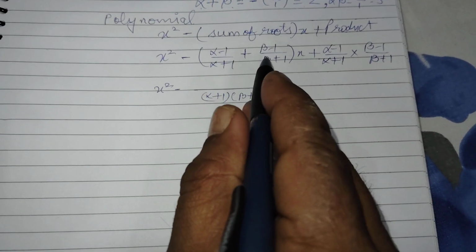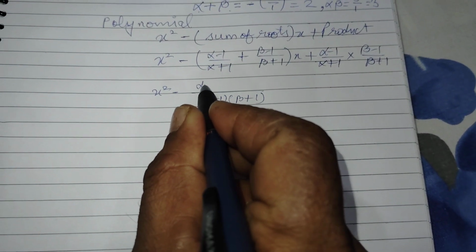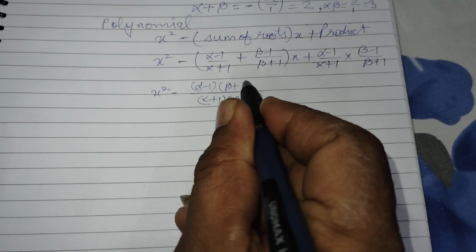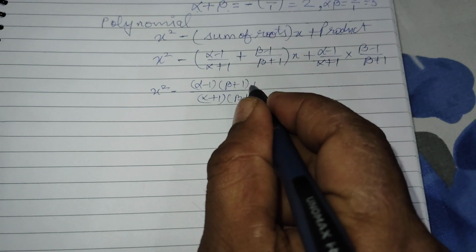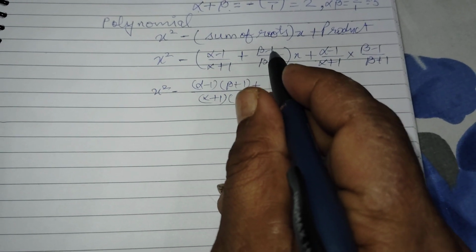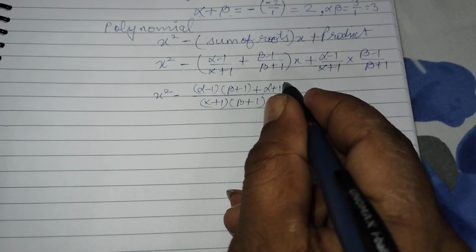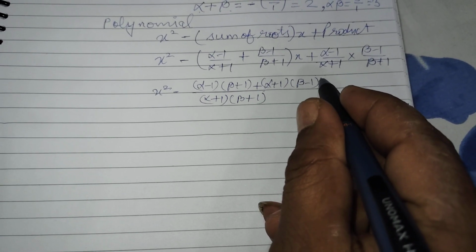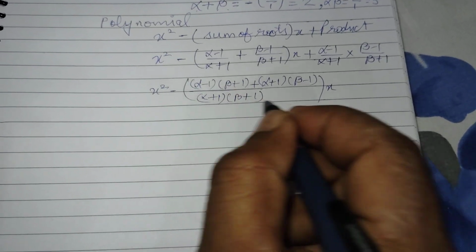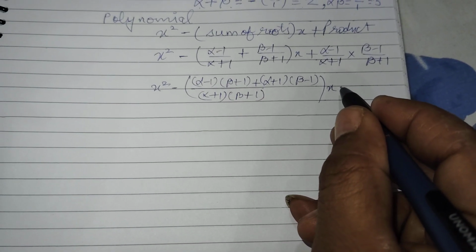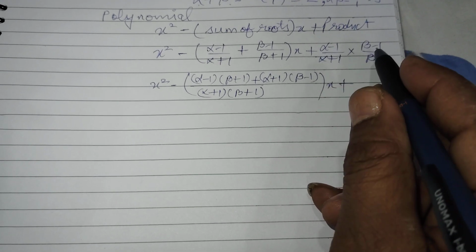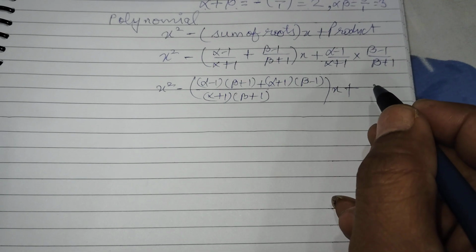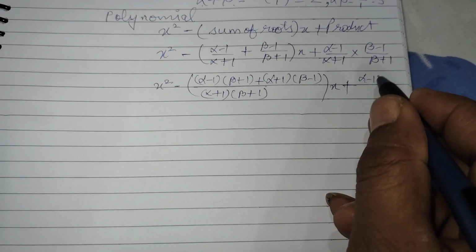So x² − , the LCM is (α+1)(β+1). In the first term the numerator is (α−1)(β+1), then in the second term (α+1)(β−1), all multiplied by x. Similarly, in the product of roots, (α−1)(β−1) over (α+1)(β+1).